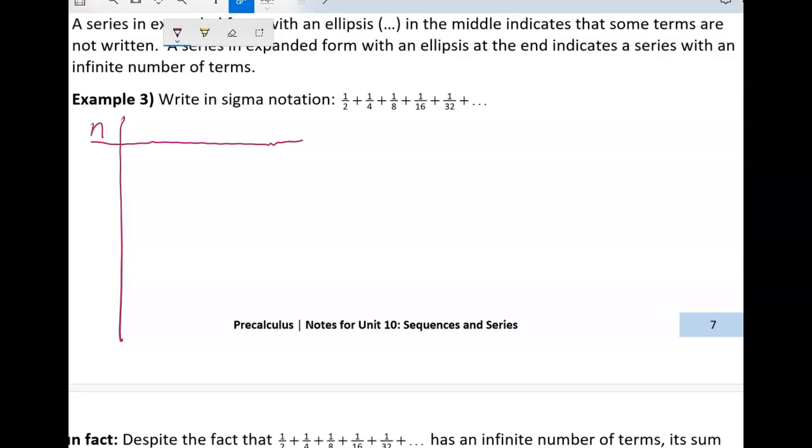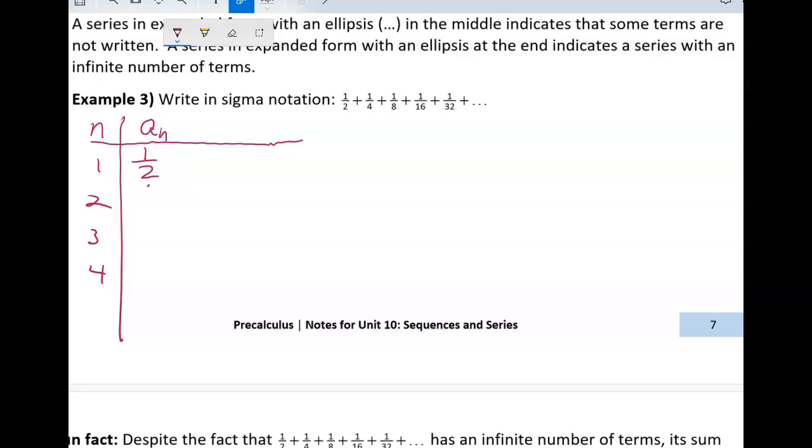We have our n's, 1, 2, 3, 4, which will probably give us enough to generate a pattern. And then our a sub n's. A sub n is 1/2, that's our first term. And to generate each term, it looks like we are multiplying by 1/2, because 1/2 times 1/2 is 1/4, times 1/2 is 1/8, times 1/2 is 1/16, etc.